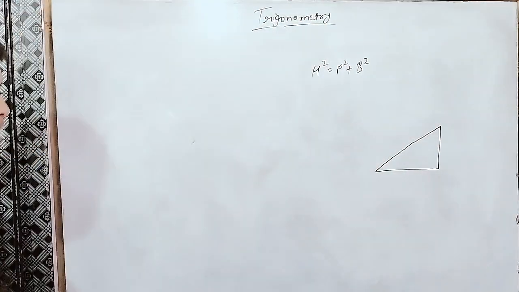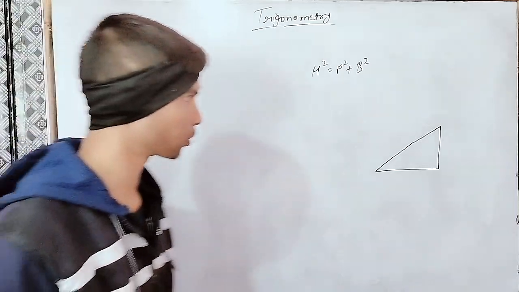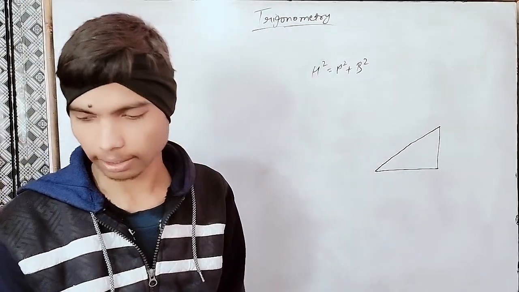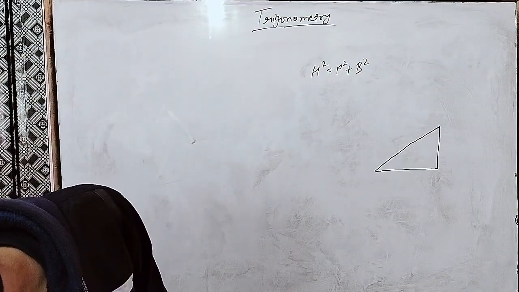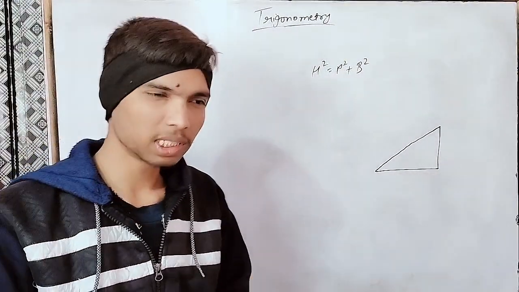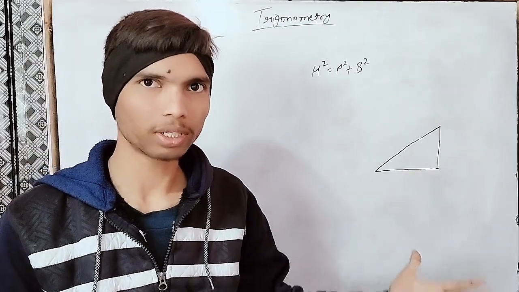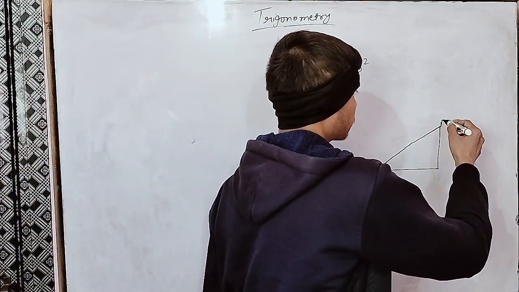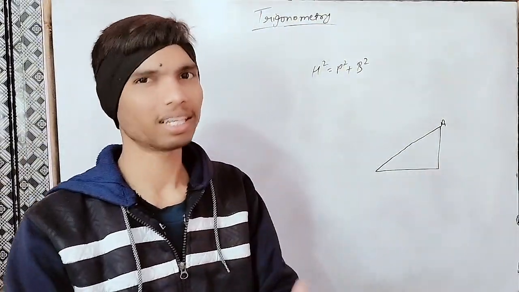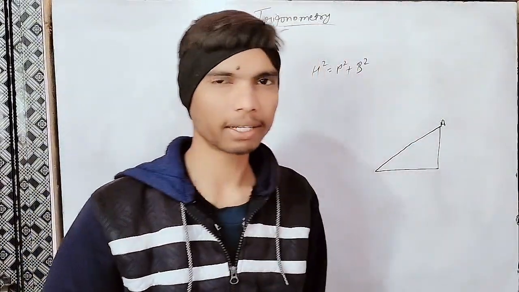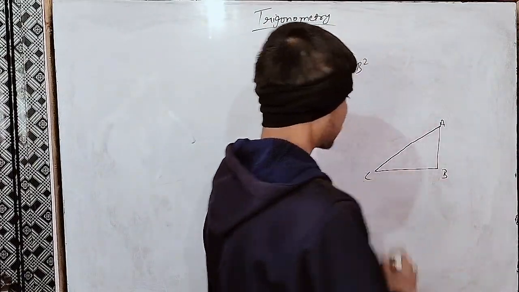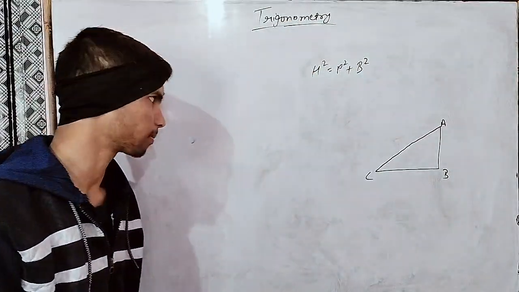Now how and where do we name the sides in the triangle diagram? First of all, we name the points A, B, C like that. Let's suppose this point is A. For identification, I am naming it A, B, C, so that we can identify.